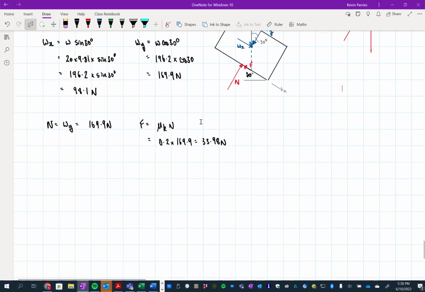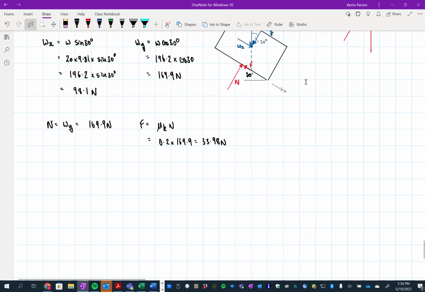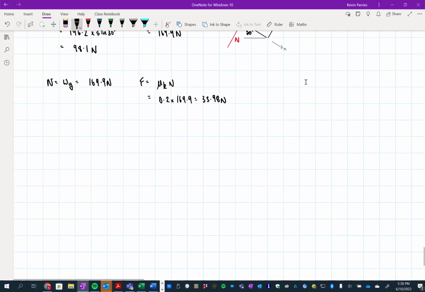Okay, so what do we know then? We've got two forces acting in the x direction on this object. We've got the component of the weight pushing it down the hill, and we've got a frictional force restraining it. So the formula that we want to use is the sum of the force components in the x direction equals the mass times the acceleration in the x direction.